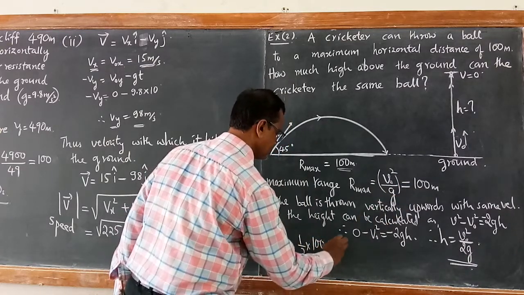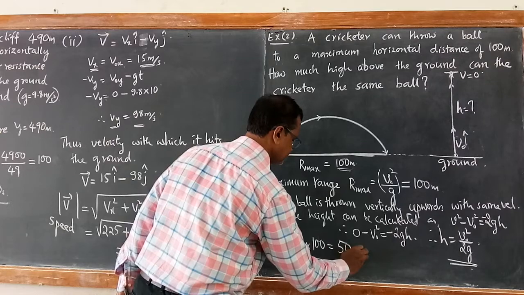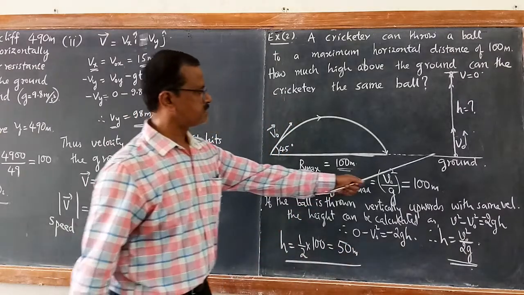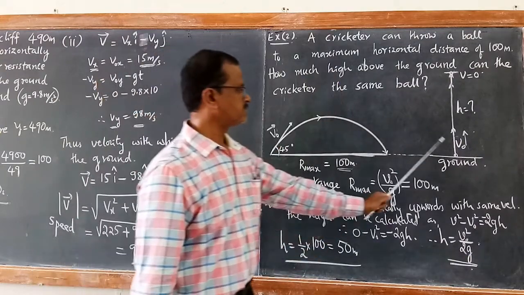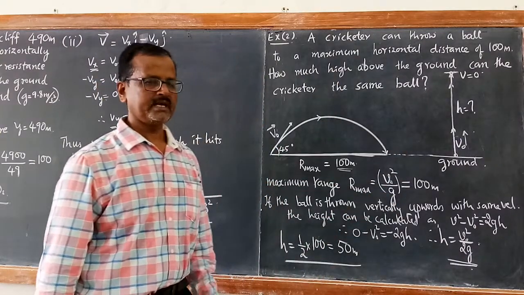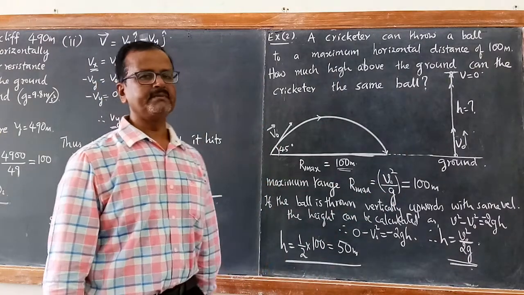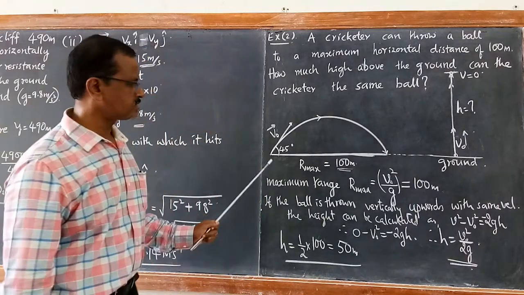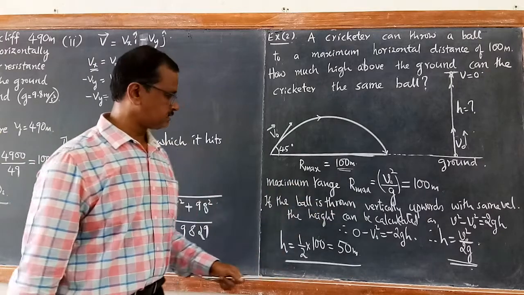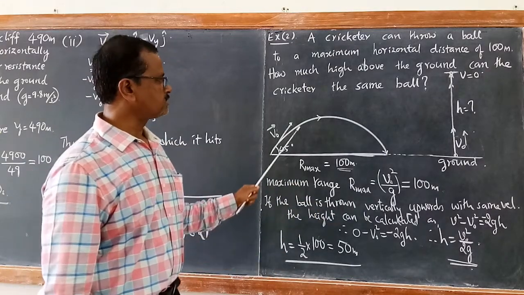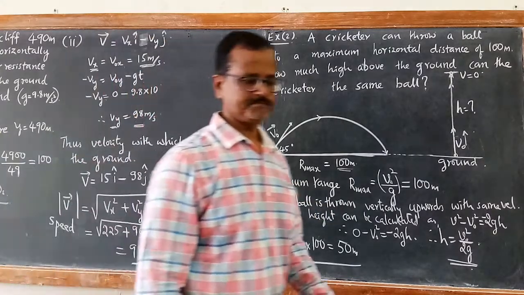So it becomes very simple: 50 meter. If the same ball is thrown with the same speed vertically upwards, it covers a maximum displacement of 50 meter. This is how one has to apply the equations which you have already learnt. So that's how the problem becomes simple.